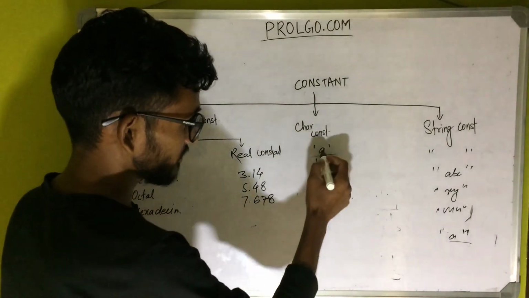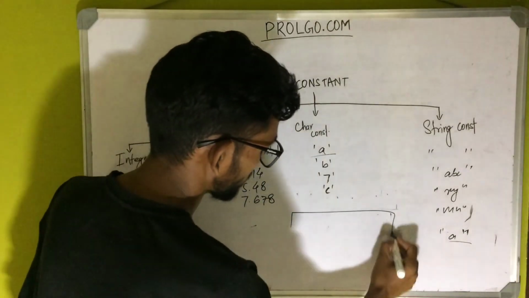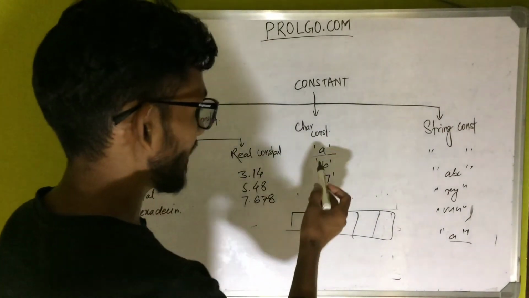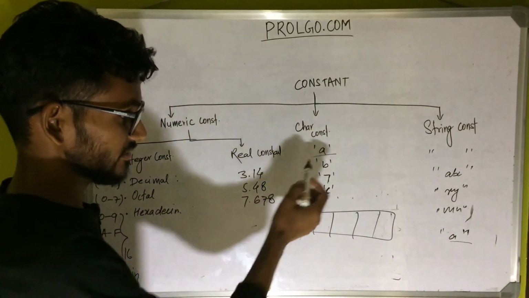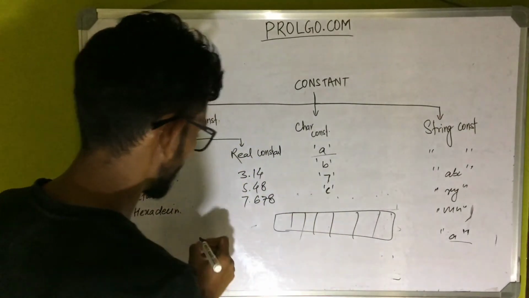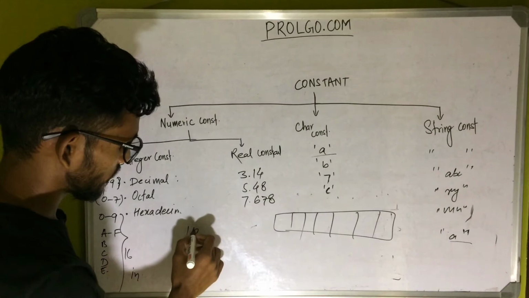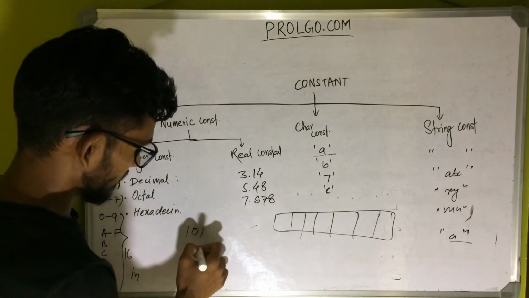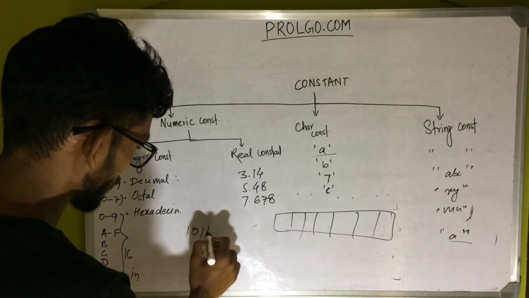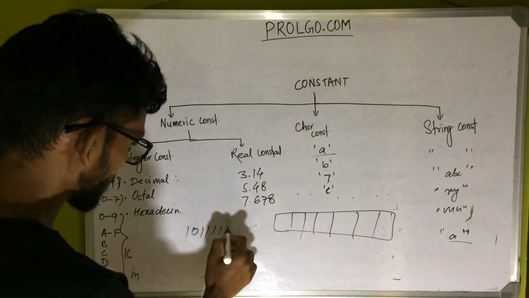This will be stored in binary again, and the value will be 95. The equivalent of 95 would be 64, 32, and so on, most probably 2, 4, 6, 7, 8.